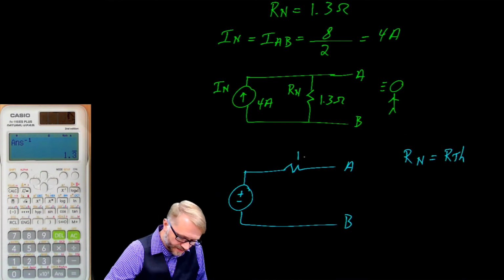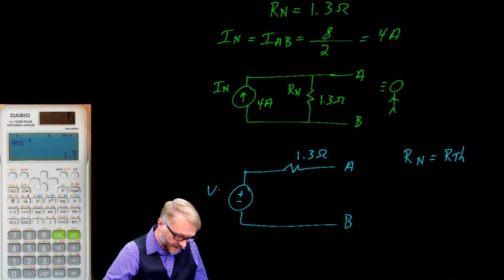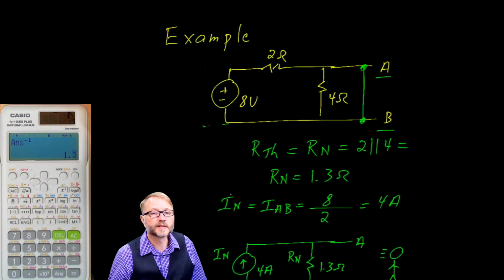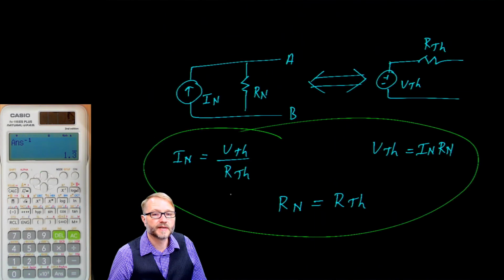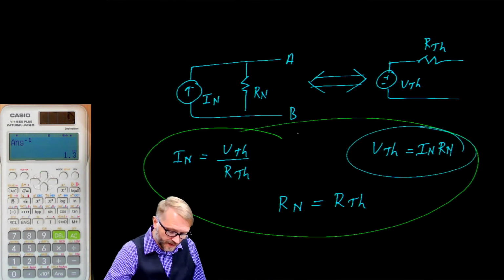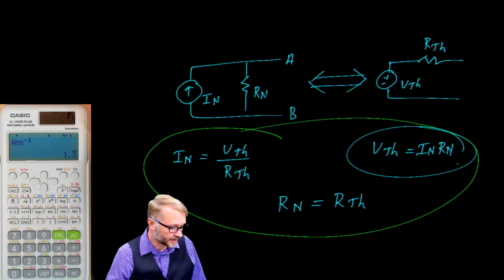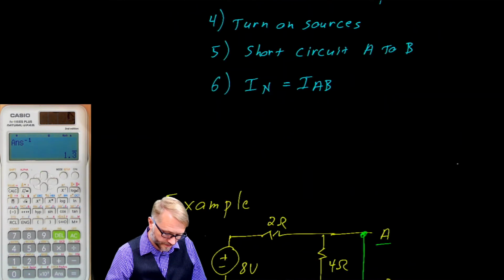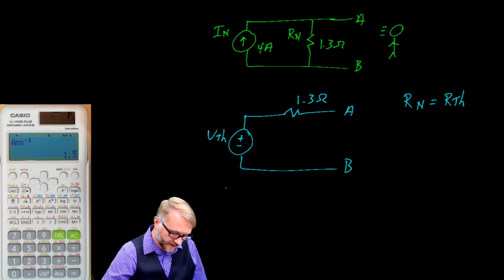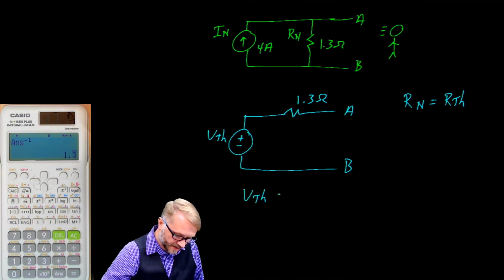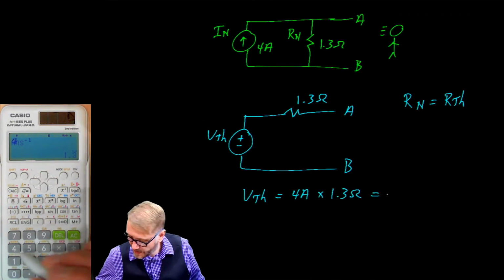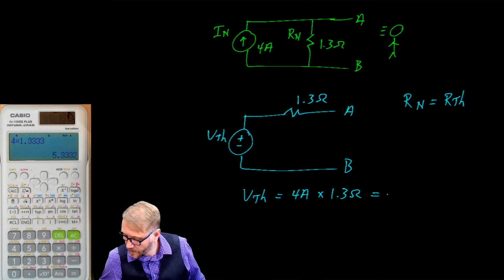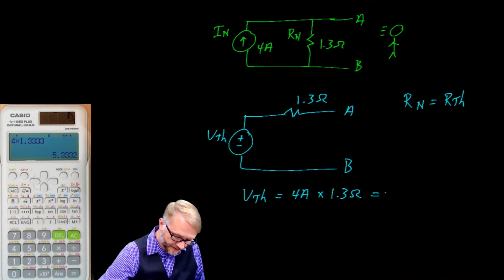So this is simply 1.3 ohms. The Thevenin voltage, let's see, did you write that on your note card? The Thevenin voltage is the Norton current multiplied by the Norton resistance. So that is 4 times 1.3 ohms, which is 5.3 volts.